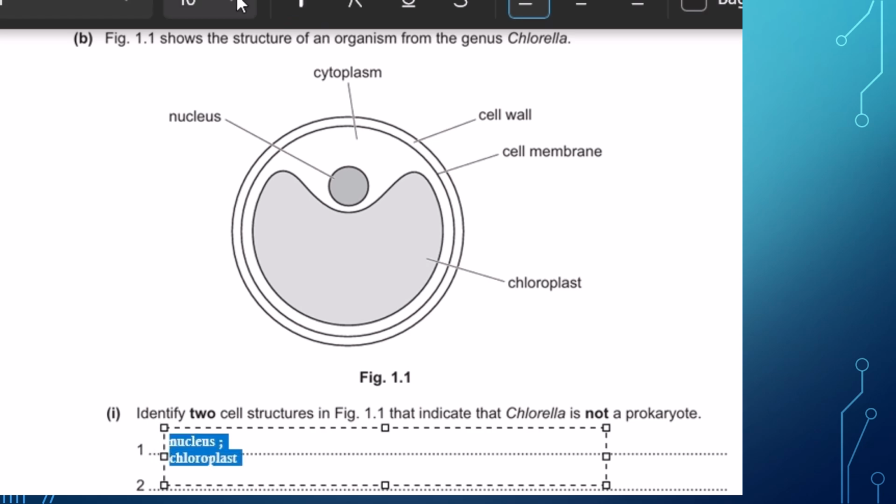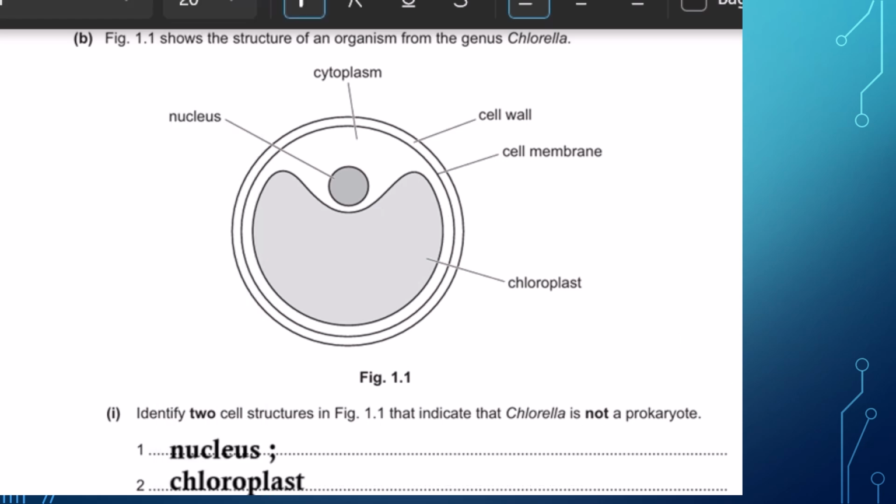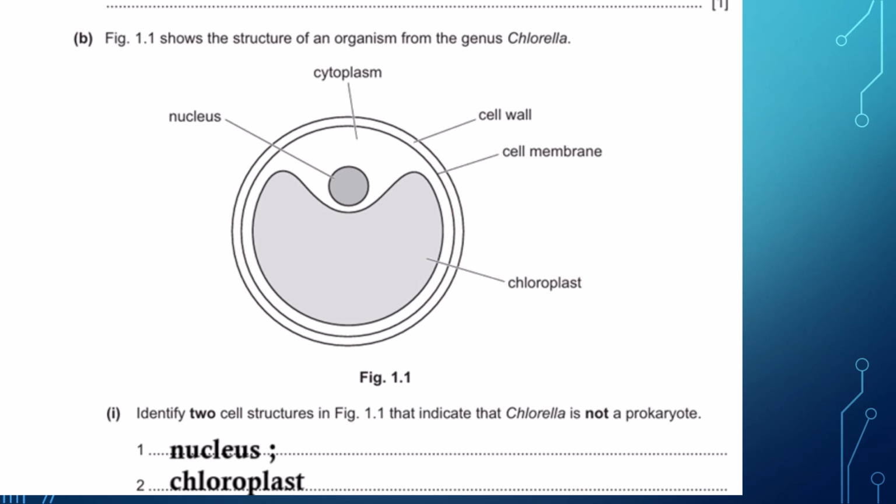Well, if it is a prokaryote, it wouldn't have the nucleus. And we can see right here our nucleus, and up here we can see our chloroplasts. Both of them would not be in a prokaryote. These are things we only find in eukaryotes.